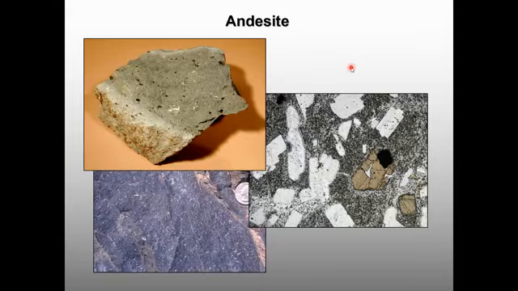Andesites are intermediate lavas. They're the extrusive equivalent of the diorite. So do you remember what Lego blocks they're made of? They're made of primarily amphiboles, hornblende. In the rock here, you see these little black blocks.